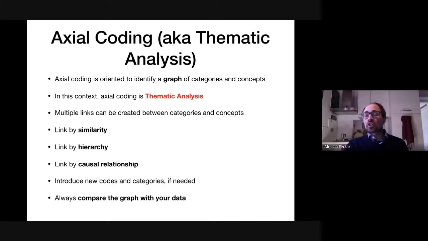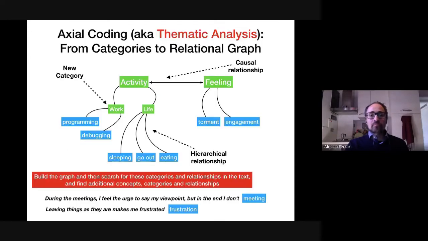This is a fundamental activity to do. Do not get lost on things that you think should be in the data when they aren't there. You must be honest with your data, and if you search for something specific, do thematic sampling. Here is an example. I had activity and feeling, and I saw that I want to create some relationships.